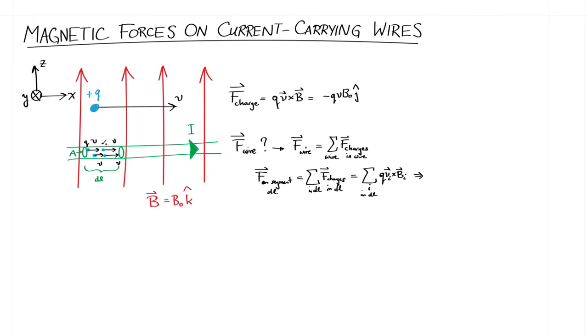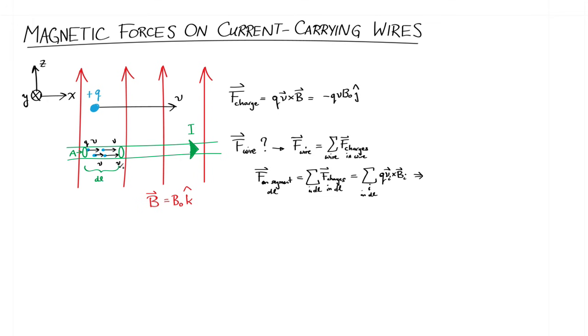Also, since this segment is very short, we can treat the velocities of these charges as basically flowing down the wire. If the wire was windy, that velocity would change depending on where you were in the wire.